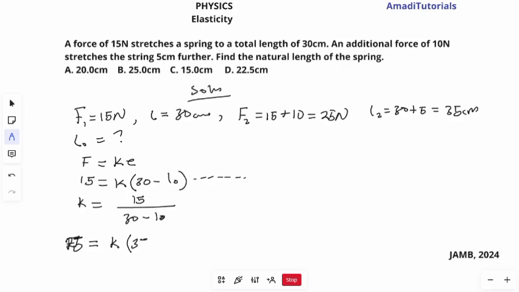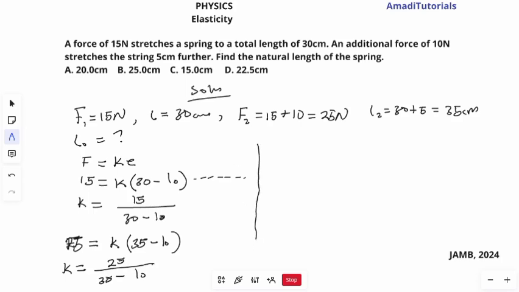So that will be 35 minus the original length, which gives you the extension this time around. If you make K the subject of the formula, K will be equal to what? 25 divided by 35 minus L0.